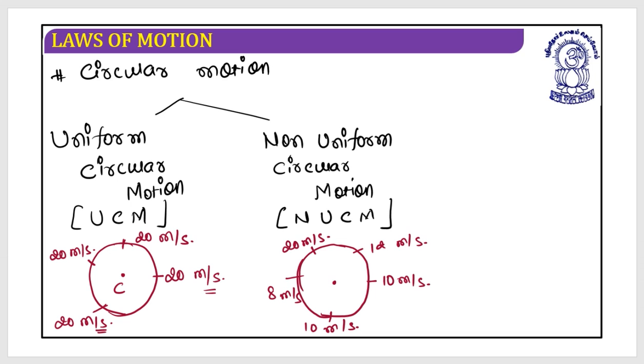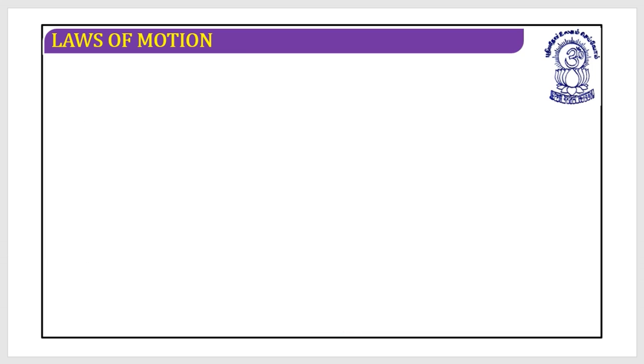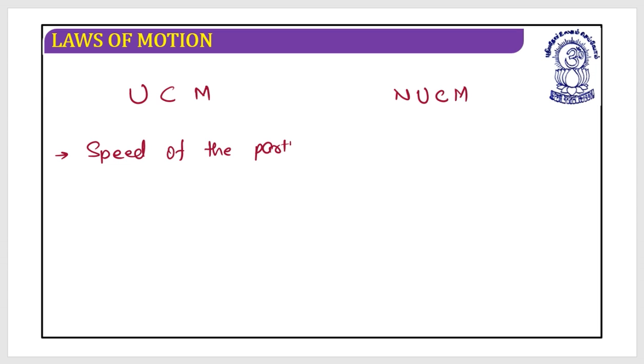Yes, in uniform circular motion, the speed of the particle is always the same, that means throughout the journey.